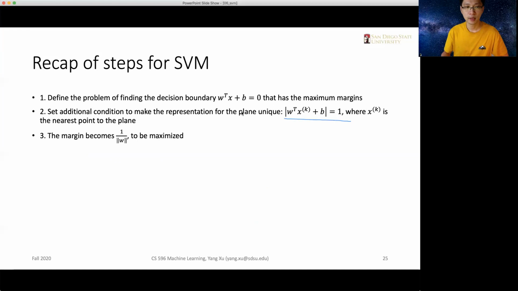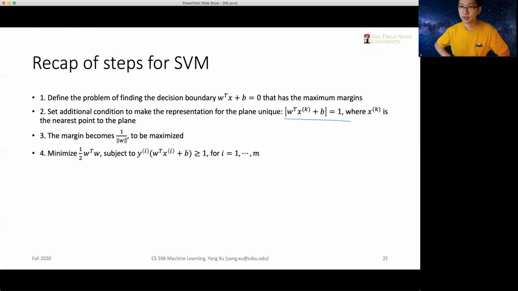Then the margin becomes 1 over the norm of w, which can be maximized, but with constraints. So we minimize the dot product of w subject to inequality constraints. The number of constraints is the same as the number of data points. If you have 1,000 data points, you have 1,000 constraints.